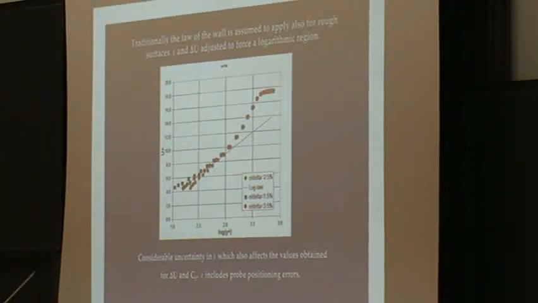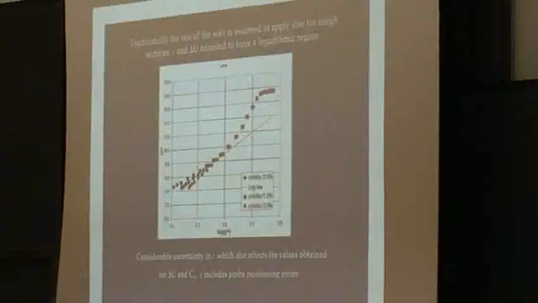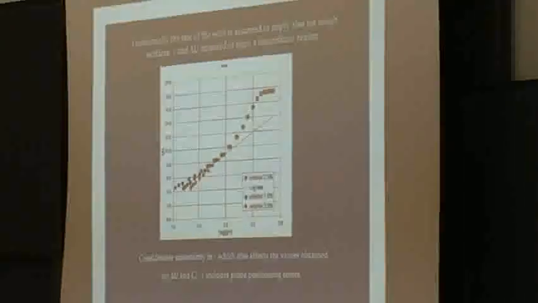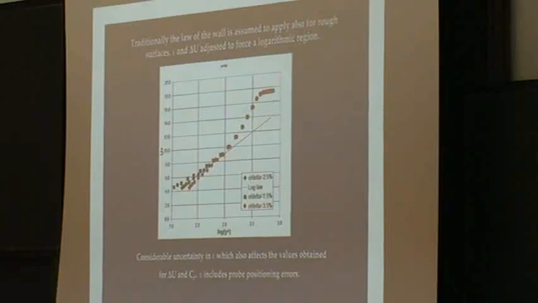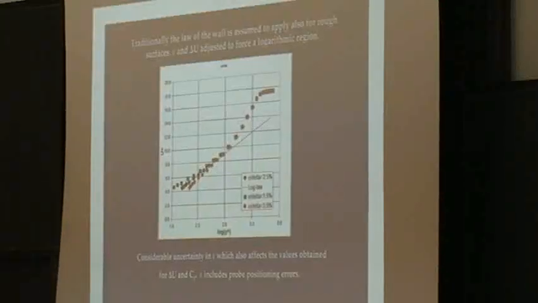And you need to find epsilon and you need to find delta u, and they will depend on your friction velocity. So you will see that there will be a lot of possible solutions.